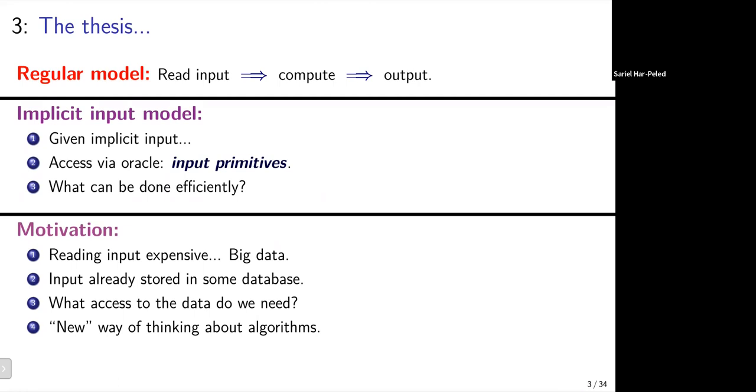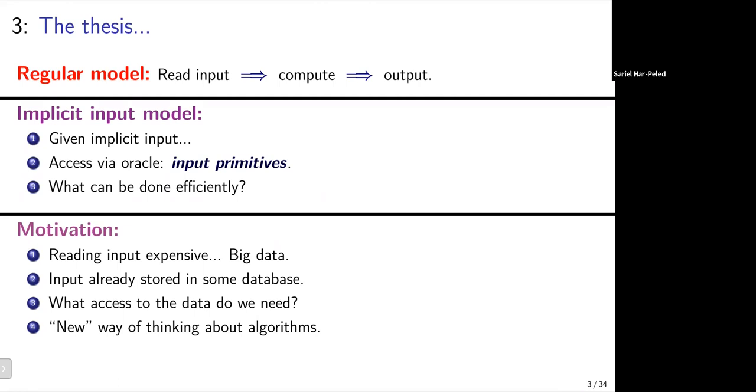And the motivation for this, well, reading the input sometimes is extremely expensive, right? Just think about big data. Just reading the data might be almost infeasible, especially if you had to do it sequentially. And for most applications in the real world, the input is already stored somehow. You very rarely read the input.